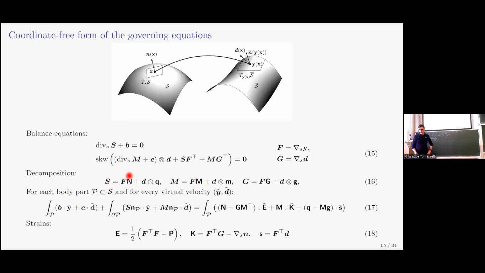Okay, once you have done that, you may wonder what is the equivalent of the second Piola-Kirchhoff tensor. Okay, and the answer to this question comes from this formula that you see here.